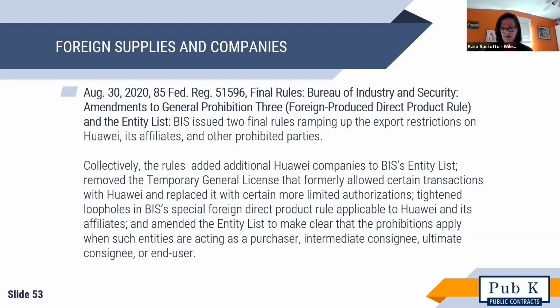But generally, all of the changes were meant to further restrict Huawei and its affiliates from accessing certain materials that might be produced from US software and technology, to close perceived loopholes in the restrictions and restrict transactions with additional Huawei listed entities. Let's go to 54.